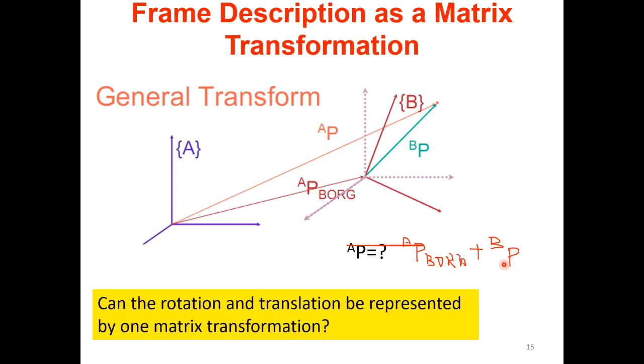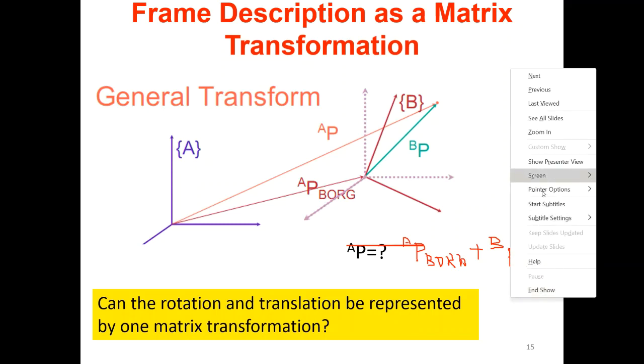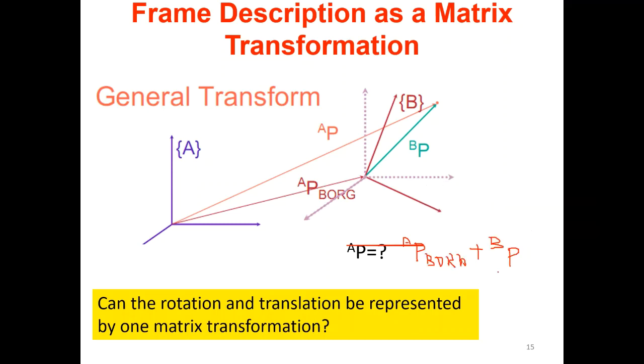So can you tell me, how should I write it then? What should I do? What should I write over here? The rotation matrix. Yeah, so tell it to me. What is it?